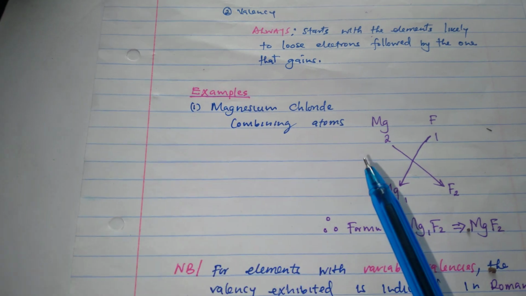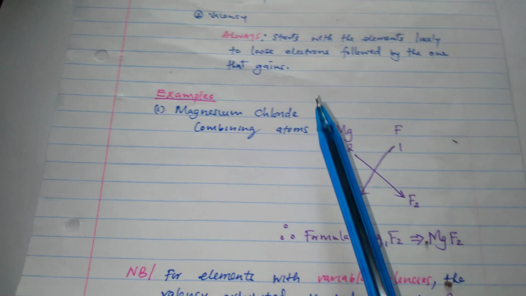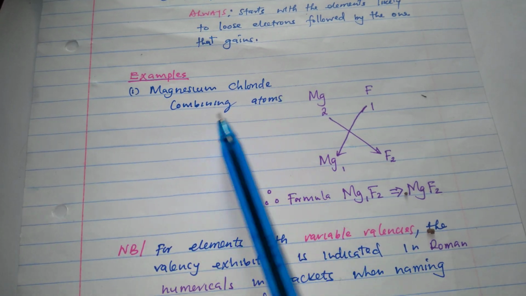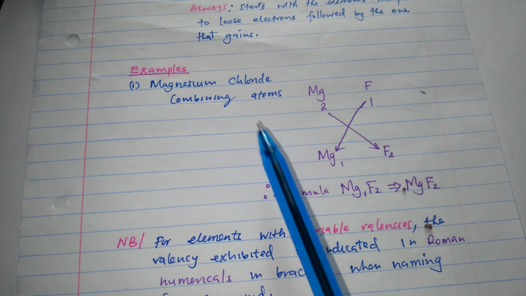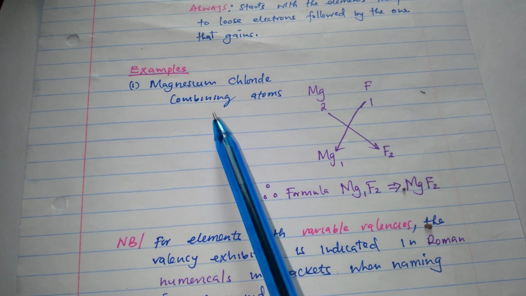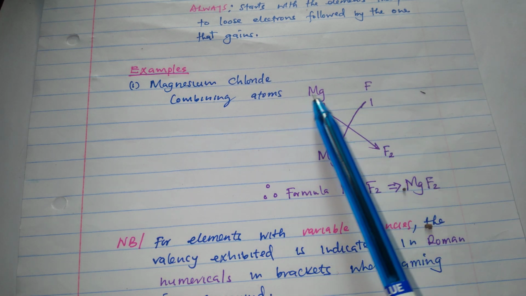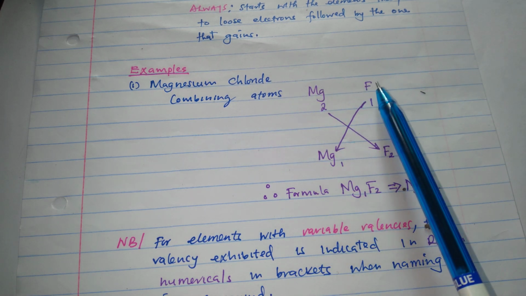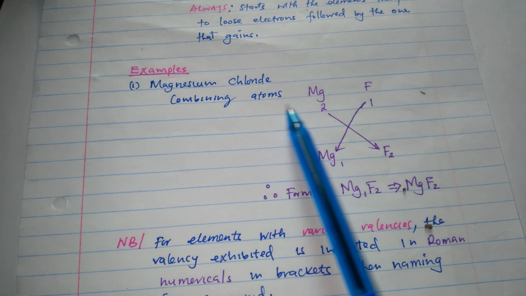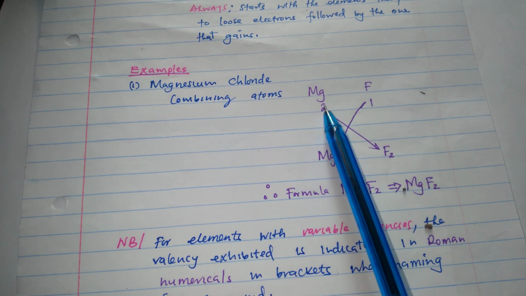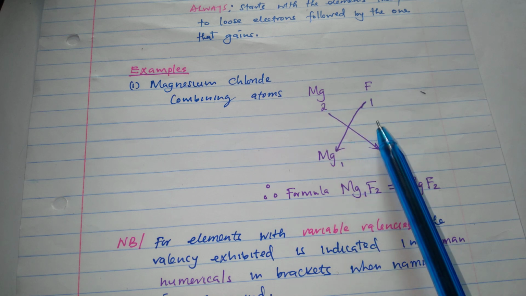For instance, this is a common example: magnesium fluoride. First we write the combining atoms, magnesium and fluorine. Then we follow with the valencies: magnesium has valency 2, fluorine has valency 1.